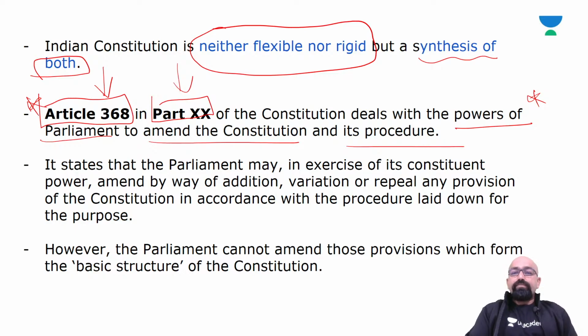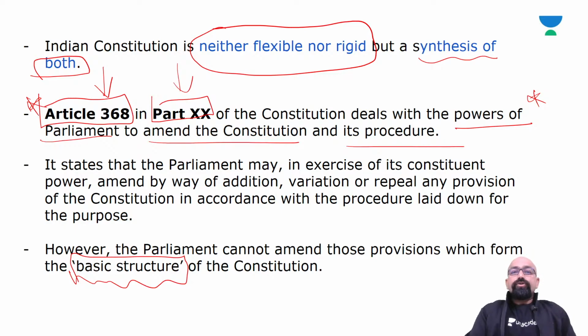It states that the Parliament may, in exercise of its constituent power, amend by way of addition, variation, or repeal any provision of the Constitution in accordance with the procedure laid down for the purpose. Which means the Parliament cannot amend those provisions which form the basic structure of the Constitution. Already we discussed these basic features through a few lectures, and in upcoming lectures we'll see these details of basic structure as well.